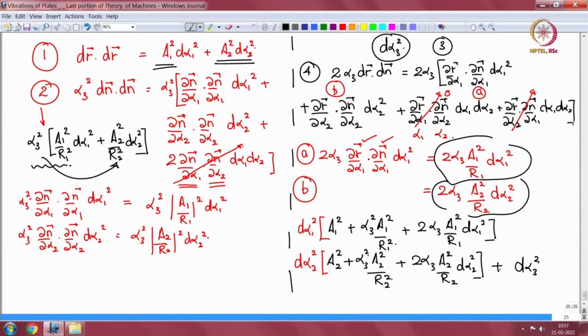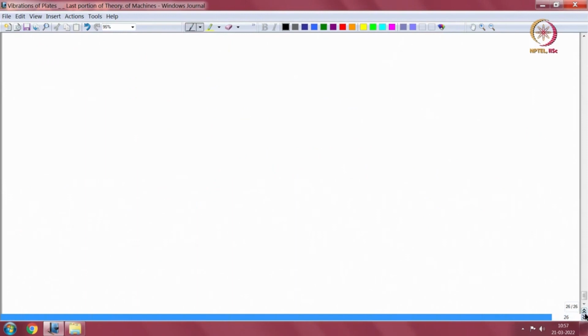Okay. So, you can see that this is a perfect square. So, how can we write it? This is dr dot dr, we should not forget that, which is, for the moment let me put it as ds square.